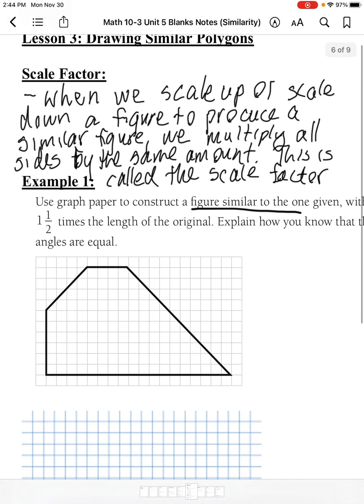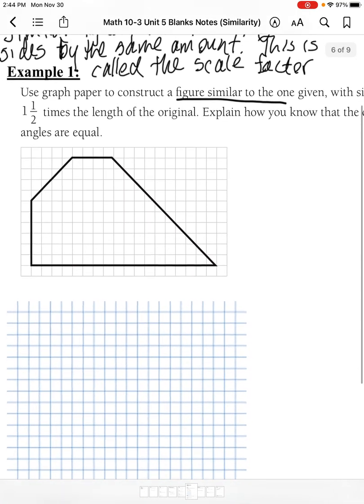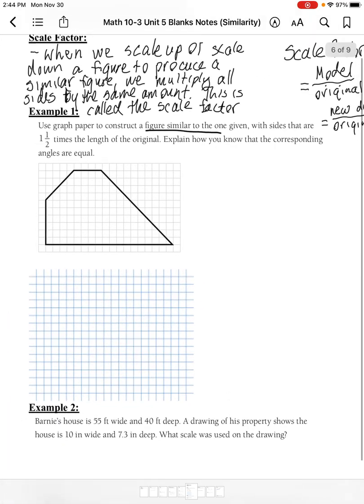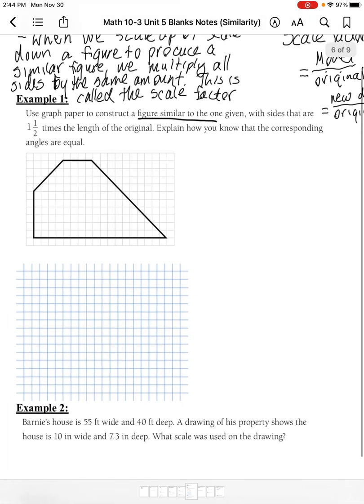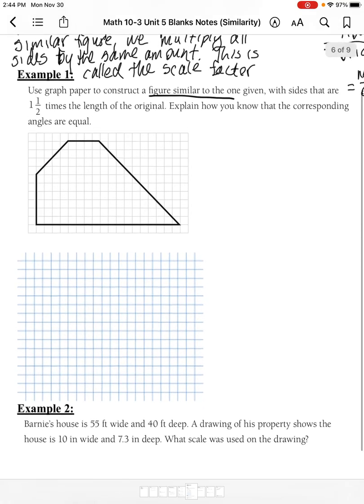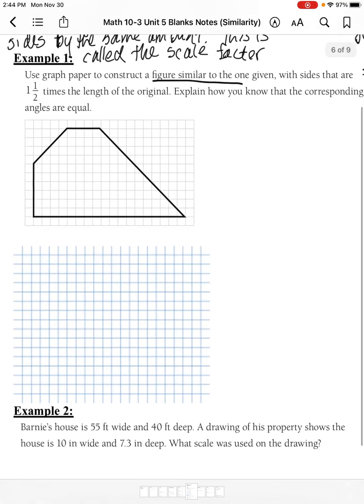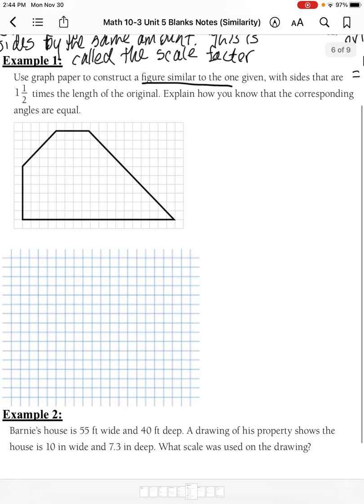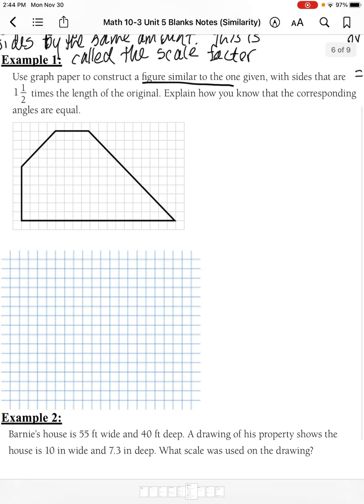All right, so what we're going to do first is look at this diagram, and we're going to use the graph paper below to draw one that is exactly 1.5 times the length of the original. So this is our scale factor here. In this case, our scale factor is 1.5.